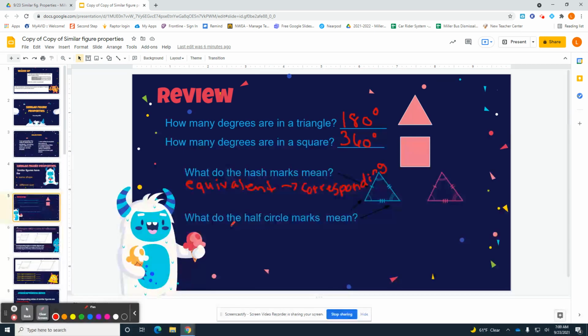What do the half circle marks mean? These little circles are more of a quarter of a circle. Sorry, guys. But what do those mean? Does anybody know what those mean? It means the same thing as the hash marks, except the hash marks are for sides. Those are for angles.